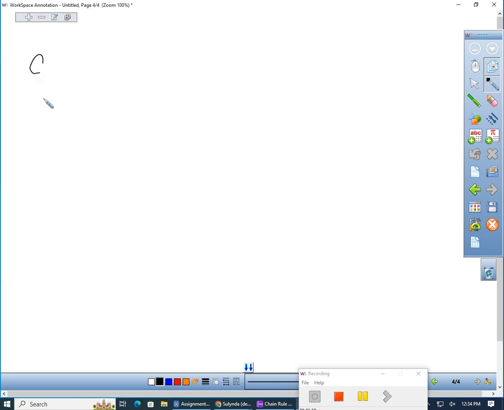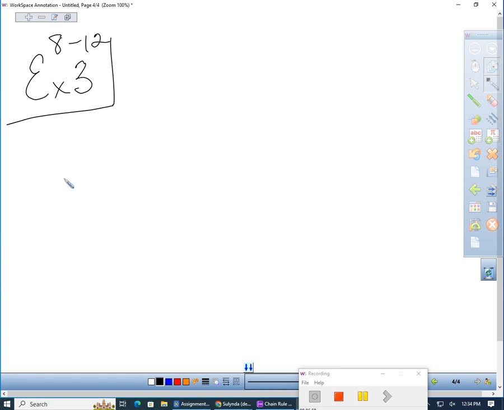So here is example number 3. This is going to cover 8 through 12. It says solve using a signs table.